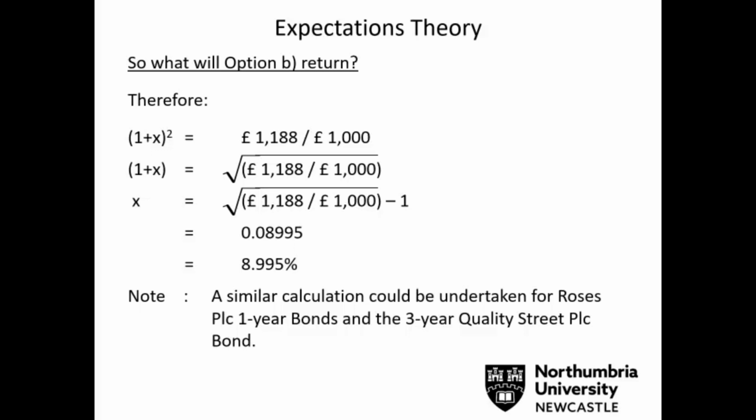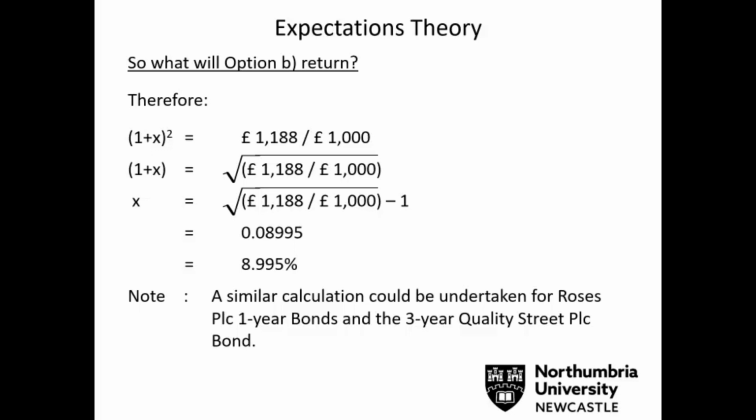We can look at the square root of 1188 divided by 1,000, and lo and behold, if you do the maths, it works out that the 2-year bond to give the equivalent return is 8.995, and if you go back to a few slides ago, that's exactly what we said the 2-year price would be for the 2-year bond for Quality Street.